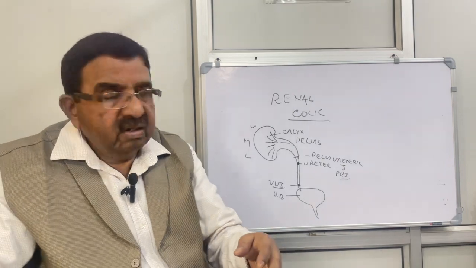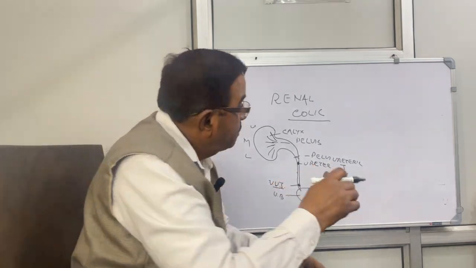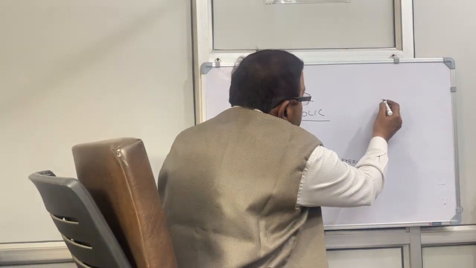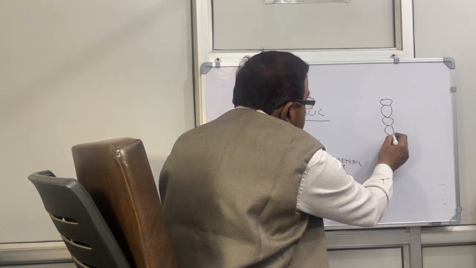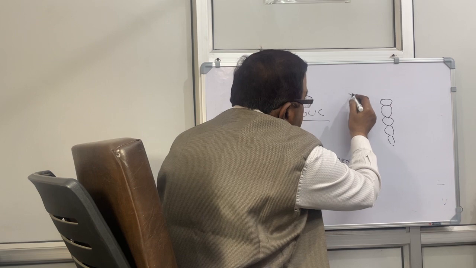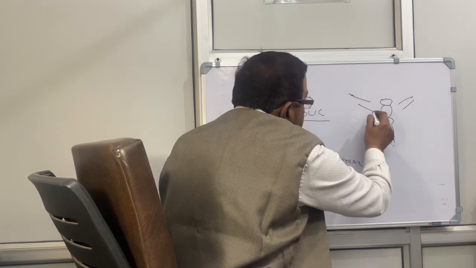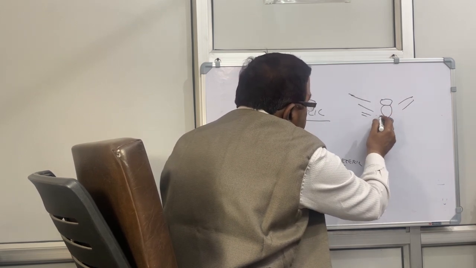I will draw a diagram here. Now this is the vertebral column. These are ribs. Now here is the costovertebral area.